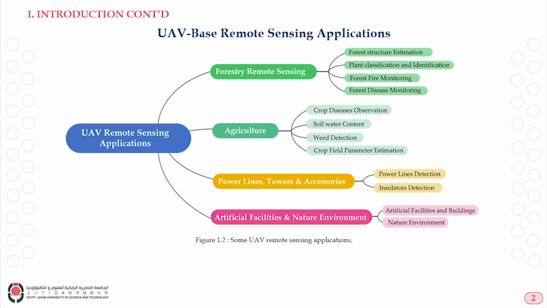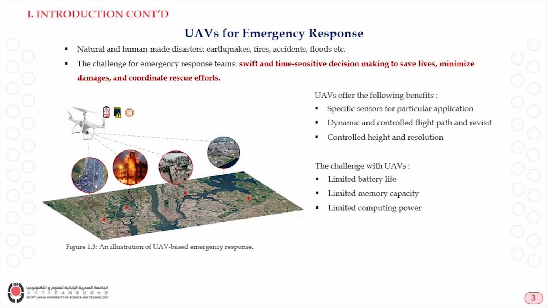For example, in the last subdomain, they are used in emergency response. Emergency response involves natural or anthropogenic disasters. This includes earthquakes, fires, which could be forest fires or normal fires, traffic accidents and floods, and many other scenarios.